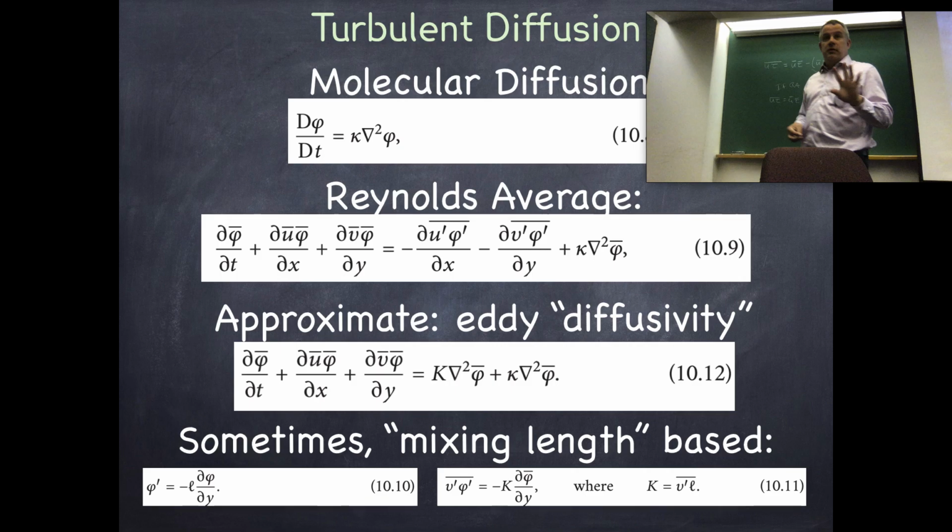In 3D, well, this is the big question: is U dot grad phi equal to the divergence of U phi? Well, it is if... If I just differentiate it out, it's phi divergence of U plus U dot grad phi. And if this is 0, then that works.